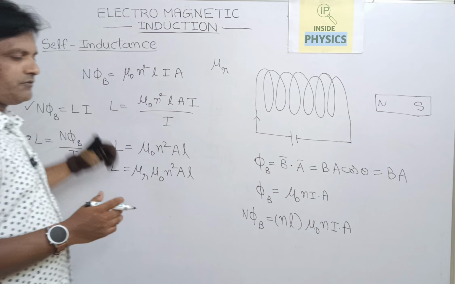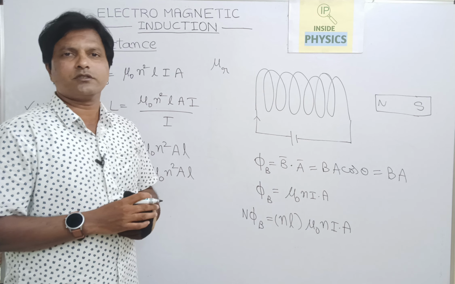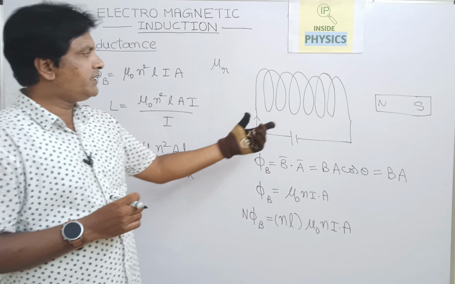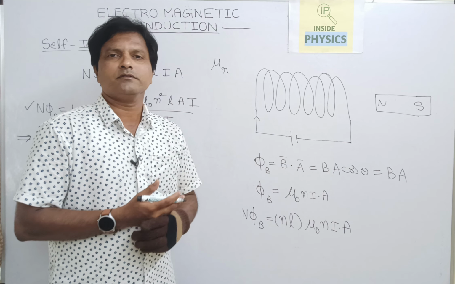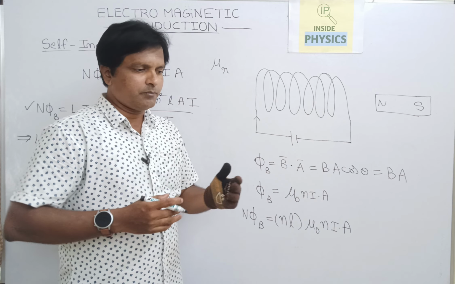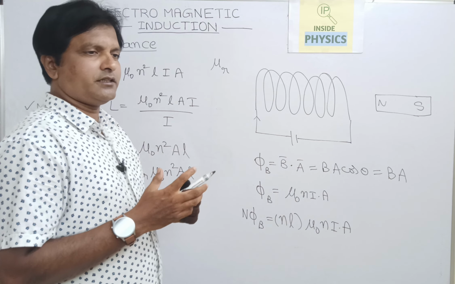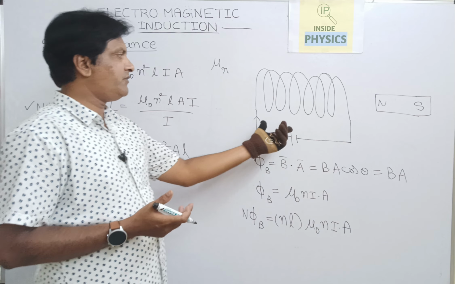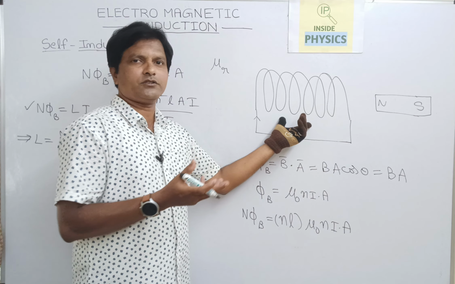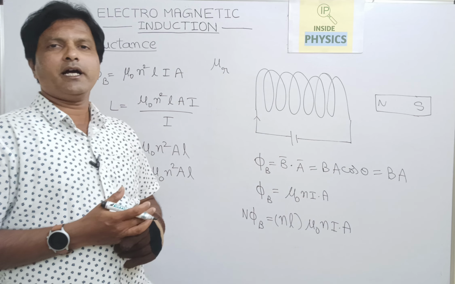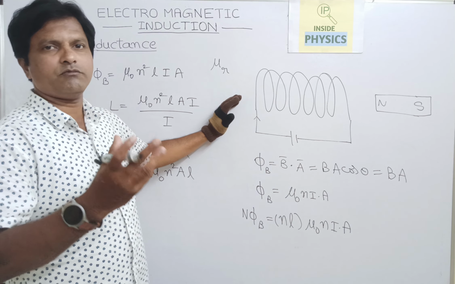Because of this opposition, we need to do some work to maintain the current in the coil. If there is anything opposing something, if we want to maintain that thing, we need to do some work. In the same way, if we want to maintain the current in the solenoid which is opposed by the induced back EMF, we need to do some work.